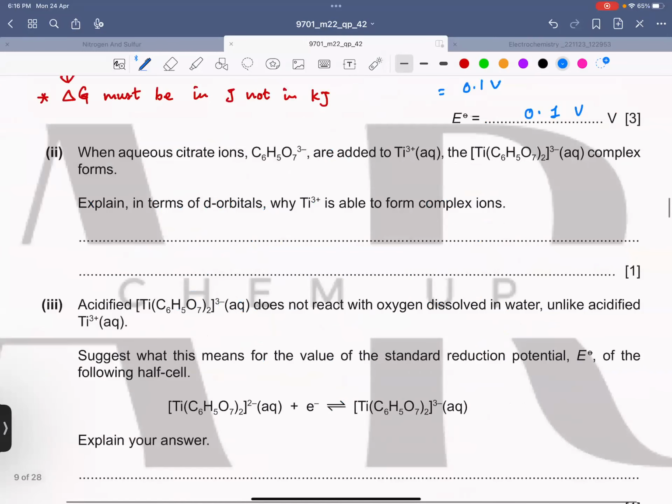Now, 3C2: when aqueous citrate ions are added to titanium 3 positive ions, the complex forms. Explain in terms of d orbitals why titanium 3 positive is able to form complex ions.